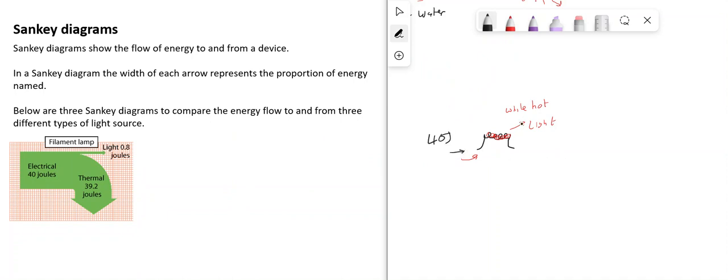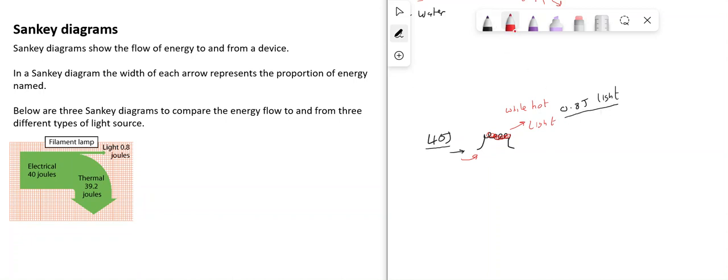Then only 0.8 joules is being converted into light energy. 0.8 joules is being turned into light, and that's the purpose of a light bulb. It's to take electrical energy and turn it into light energy. So out of the 40 joules, only 0.8 joules is being turned into light.